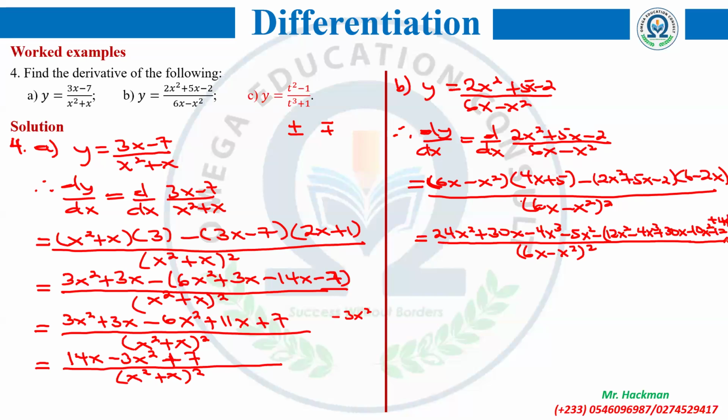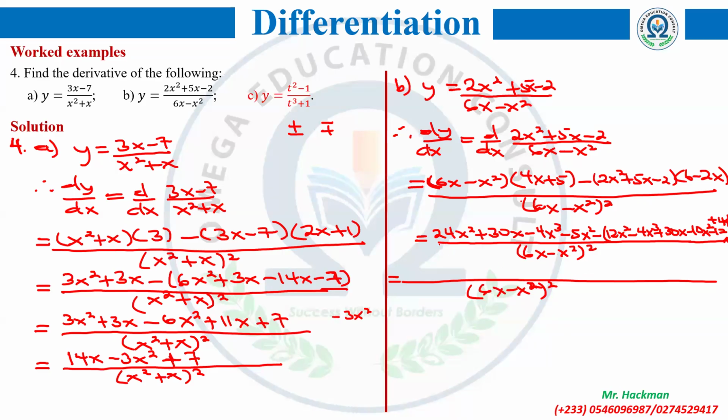Then I close my bracket. So the next step, I'm going to write close to the margin, knowing that I will need more space. So never mind what I have here. If you understand, that is fine. So now what do we have? 6x minus x squared, the whole of that squared.